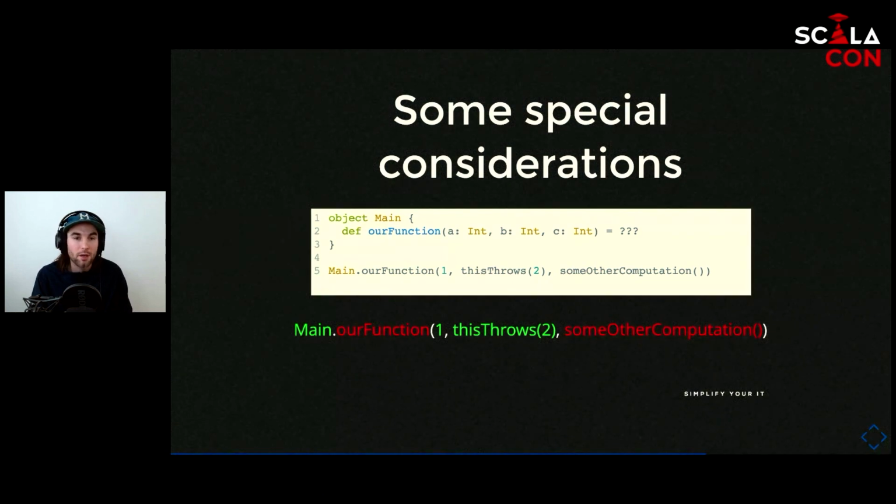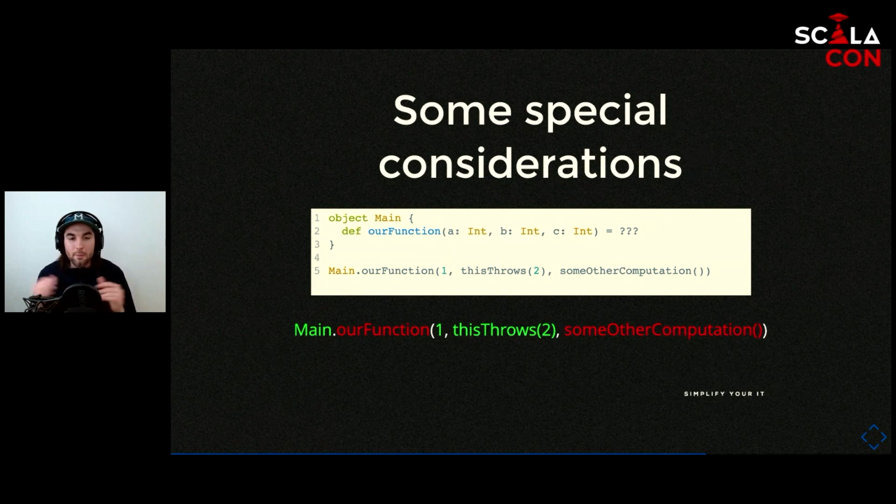Think about it this way: this throws does exactly what it says. It's going to throw. So ideally, if that throws, you don't want to say that our function is actually covered, because the apply of our function isn't really fully covered if this throws and the apply is never really called, right?